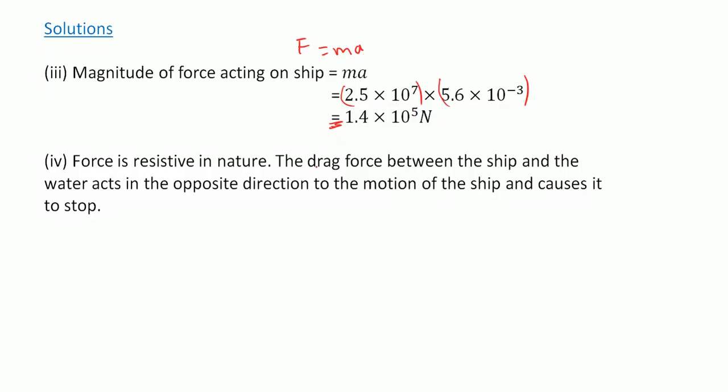And the force in this case is resistive in nature. The drag force between the ship and the water acts in the opposite direction to the motion of the ship and causes it to stop. So therefore, a force is required to cause the ship to stop, and it is acting in the opposite direction to which the ship is moving.